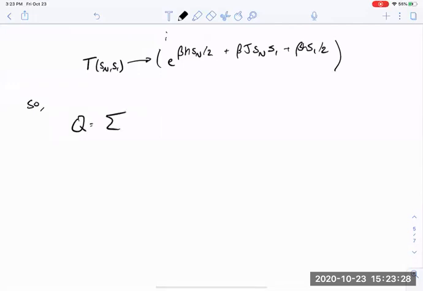So Q being a sum over S1 plus or minus 1 up to Sn plus or minus 1. Let's use our compact notation of the set of spin variables.